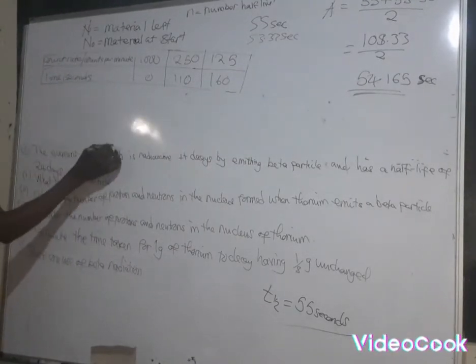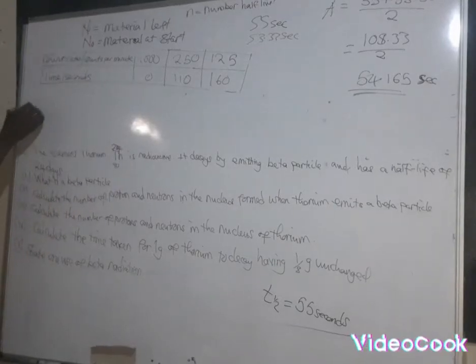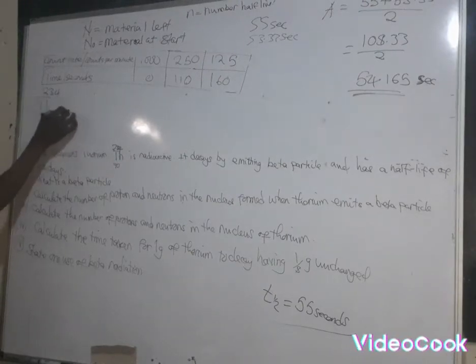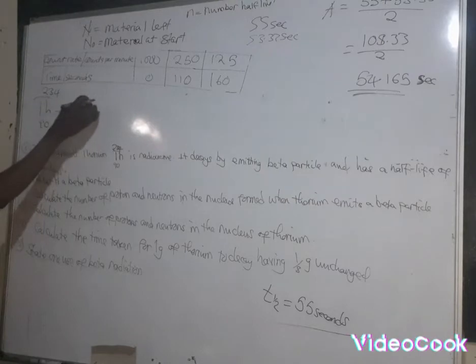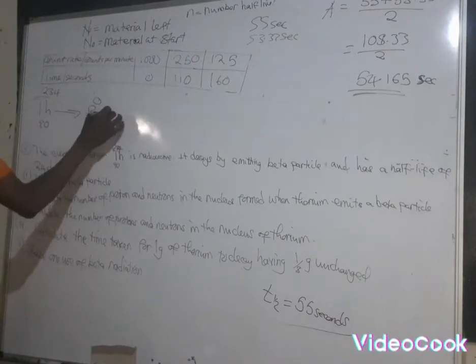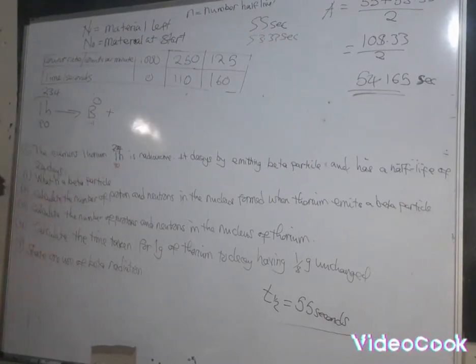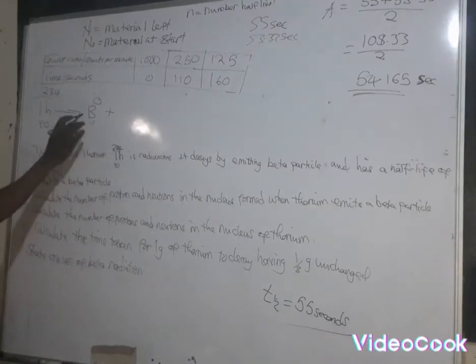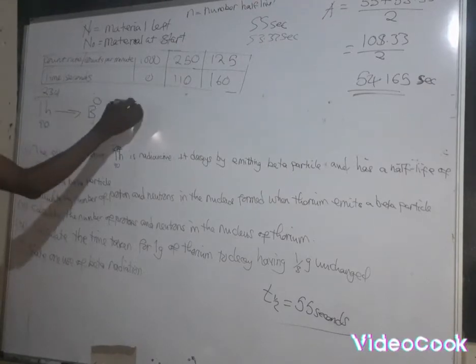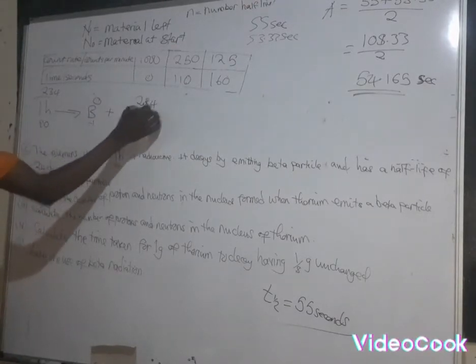Thorium 234, 90, has produced a beta particle with mass number 0 and atomic number negative 1, to produce a new element which you don't know. So we find first the mass number: 234 minus 0 is 234.